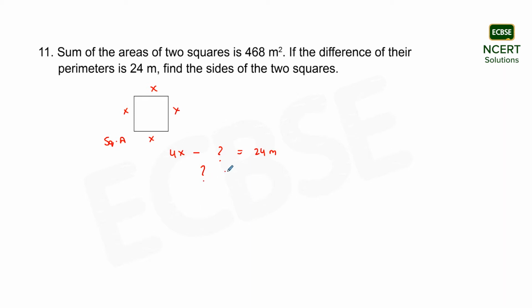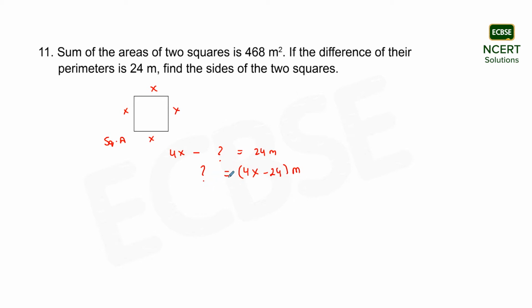So the unknown term, the perimeter of the second square, will be equal to 4x minus 24 meter.